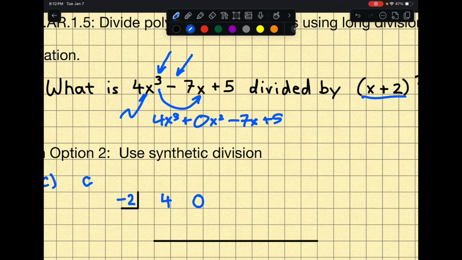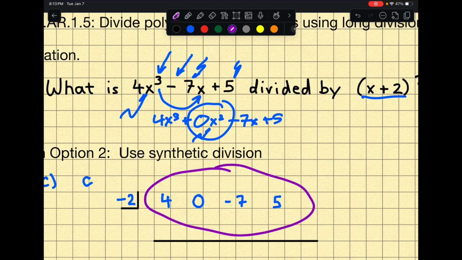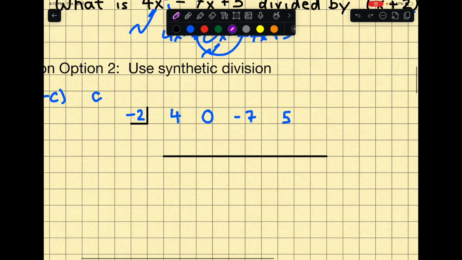And I know 0 times x squared just means 0, so it really doesn't add anything to the polynomial, but it does give us a placeholder for that x squared term, which we need. Then this coefficient is minus 7, and then the constant term just stays what it is, 5. So again, you're just putting the coefficients right here, not the variables or anything. All right, and then your setup is done.